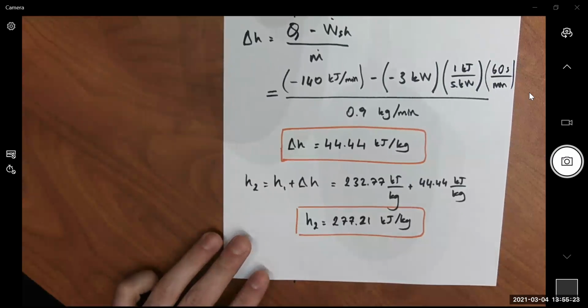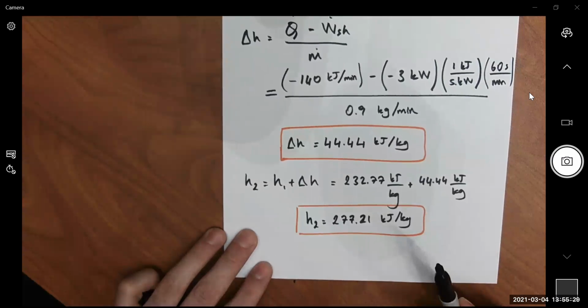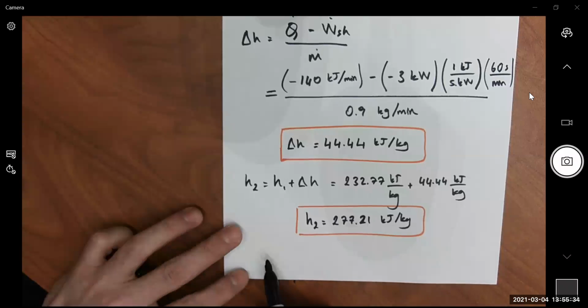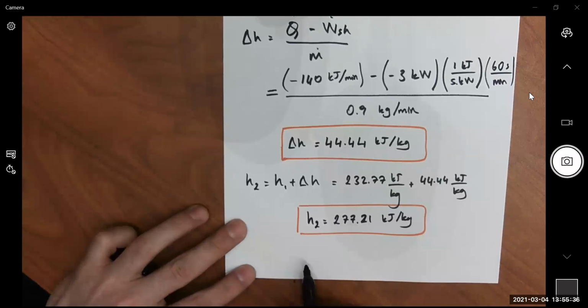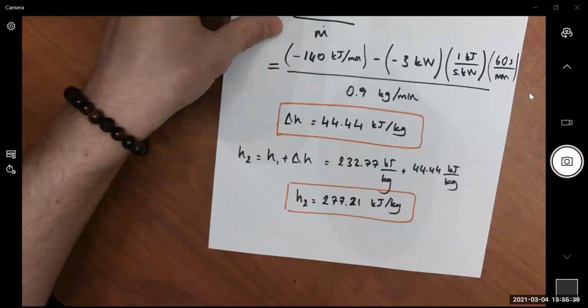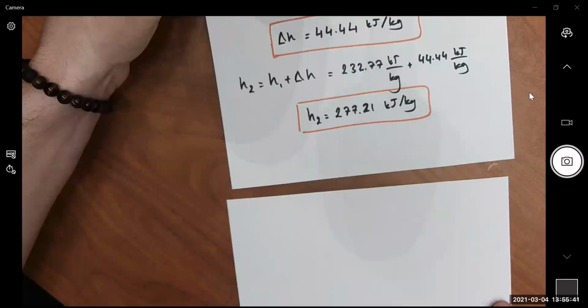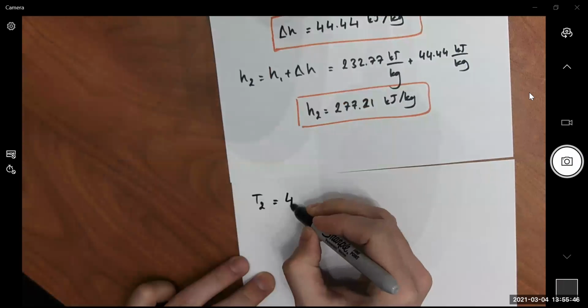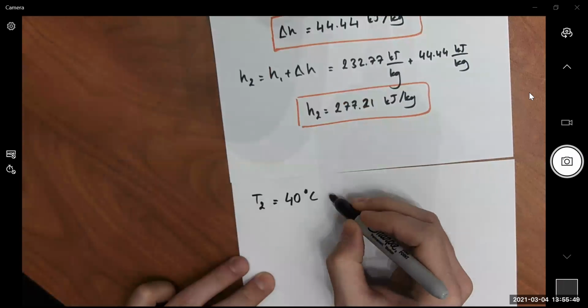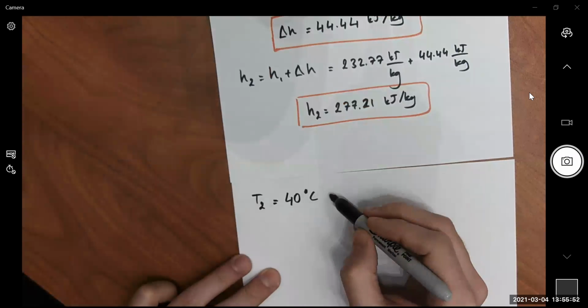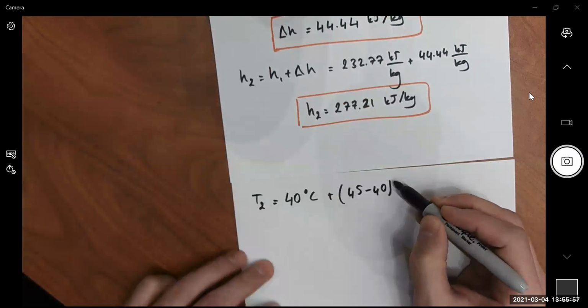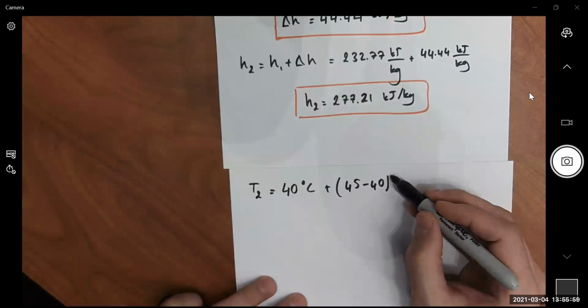Look for this enthalpy number. It should lie between two numbers in temperature, or in properties. So the temperature will be between 40 and 45. Temperature 40, and you need to interpolate to find the exit temperature.